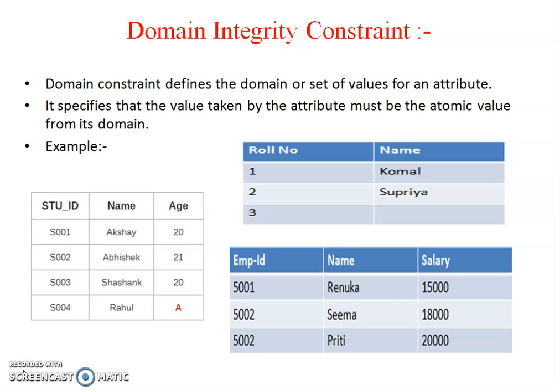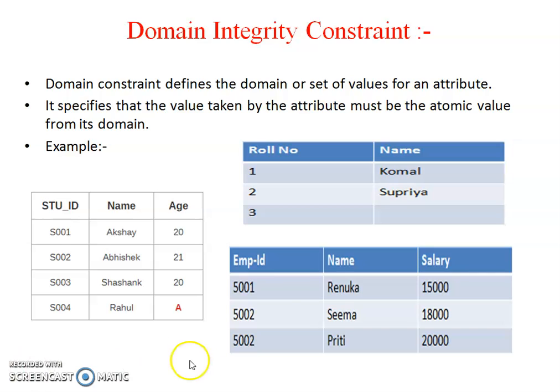Now the next constraint type is the unique constraint. As the name suggests, it can take only unique values in a column or set of columns. It keeps the uniqueness of the table. It means that when a column has a unique constraint, that particular column cannot have duplicate values.